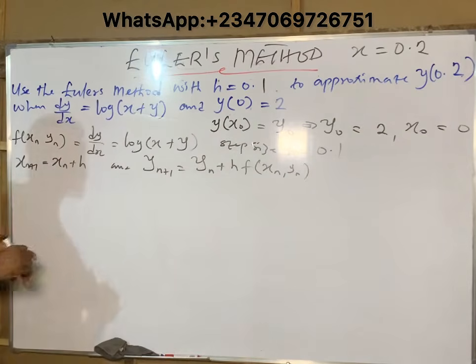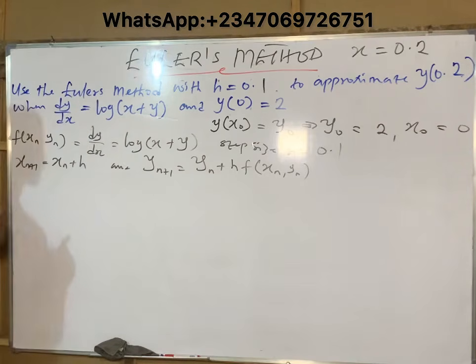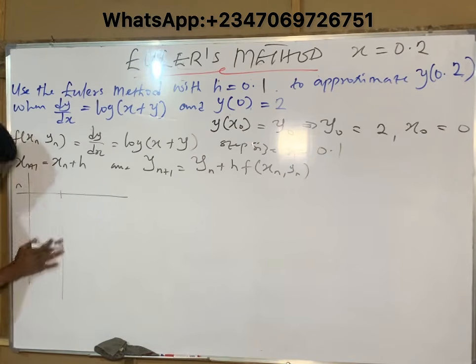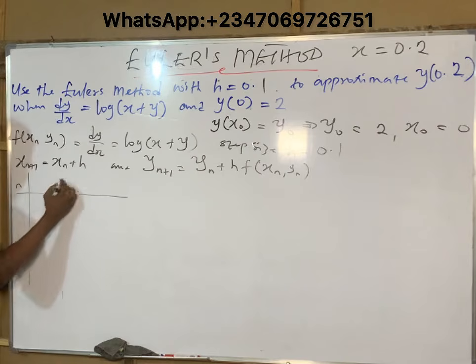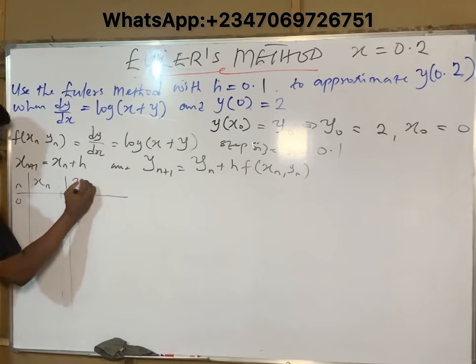Now, we were given our step size, so what we need to do is make a table. These are the n values, these are the x values, and these are the y values.